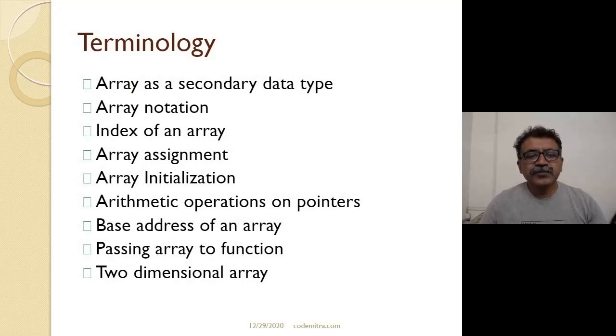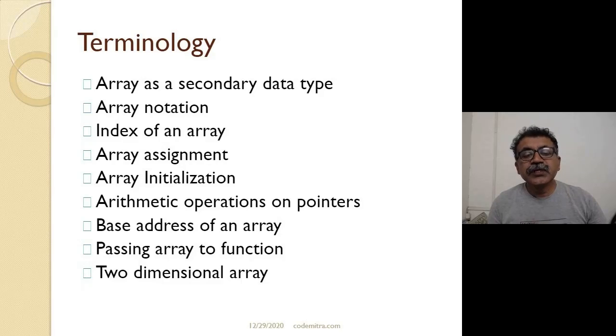The basic terminology and important concepts we are going to learn are: array is a secondary data type, then what is array notation, what is the index of an array, then array assignment, so how elements of an array can be assigned, and how an array can be initialized, very important.